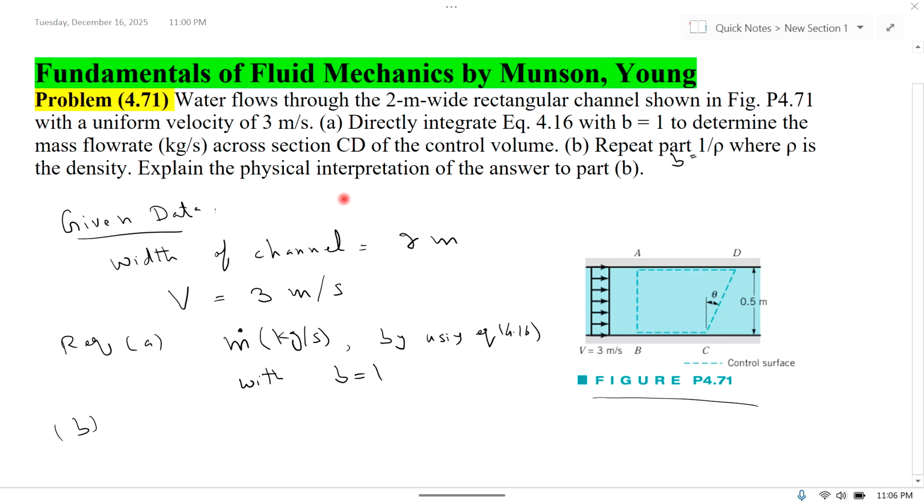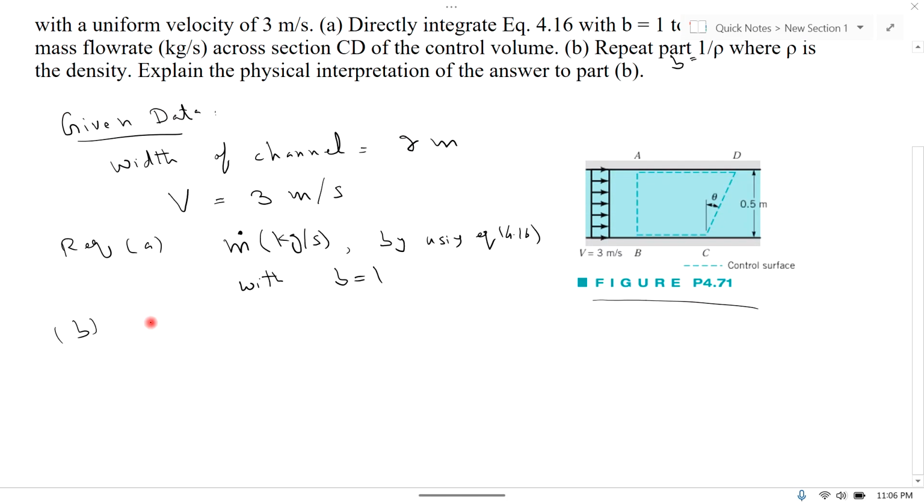Explain the physical interpretation of the answer to part B. So we solve part A again by putting b equal to 1 over rho and interpret the result.